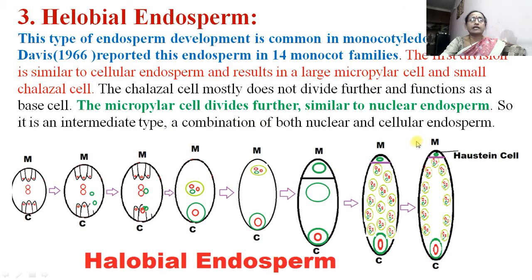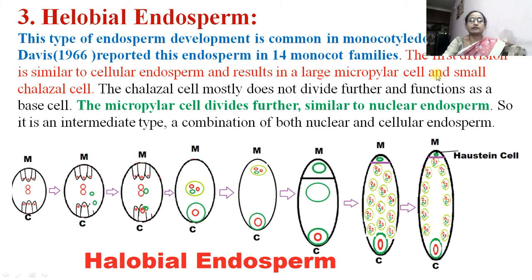The third type of endosperm is the helobial endosperm. This type of endosperm development is common in monocotyledons. Davis in 1966 reported this endosperm in 14 monocot families. The first division is similar to the cellular endosperm.